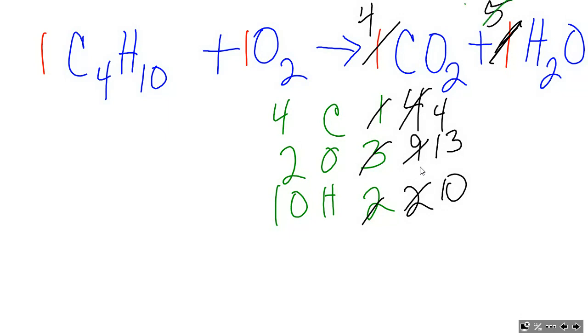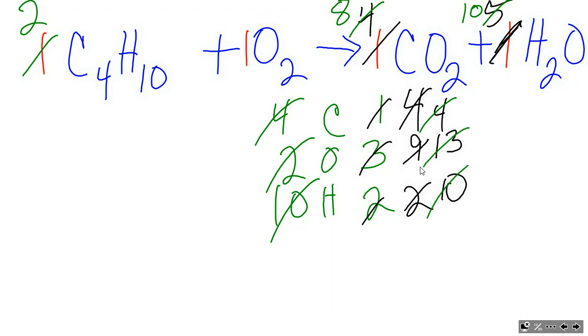Okay, so we'll make 10 waters, 8 carbon dioxides, 2 butanes. Worry about the oxygens because we're still going to have to balance it. Okay? Mark everything out to make sure. Got 8 of these. We got 8 of these.